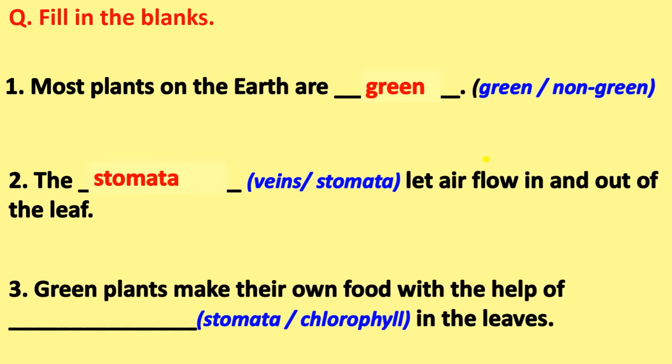Next, green plants make their own food with the help of dash in the leaves. There are two options, stomata, chlorophyll. And the answer is chlorophyll.